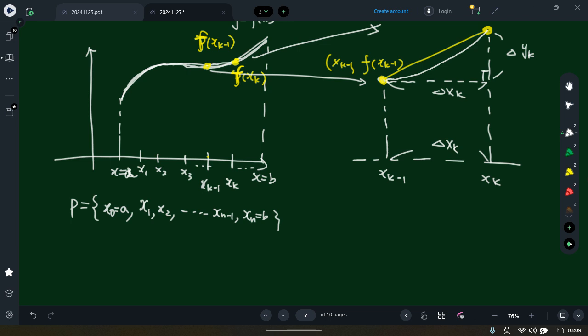So ideally the Lk here will be the square root of delta xk squared plus delta yk squared.